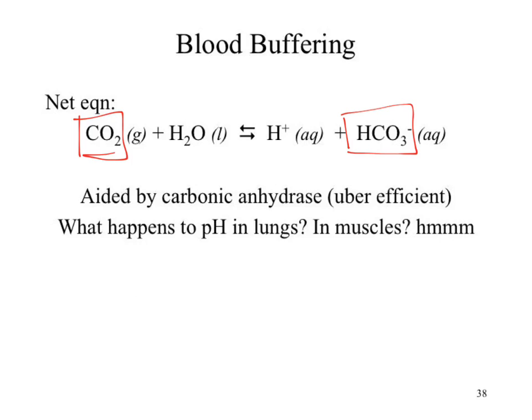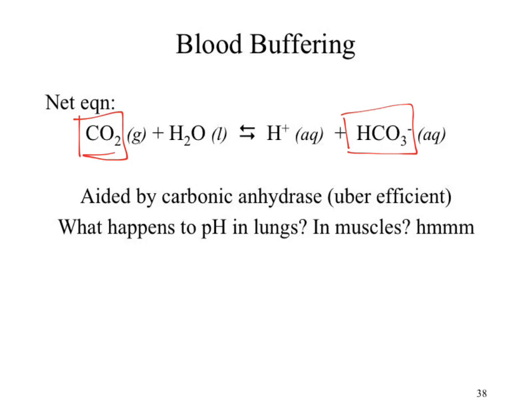We need to make CO2 so that we can level out the pH. Well, where might we want CO2 gas? In our lungs. So we might predict, based on this reaction, that the pH in our lungs is acidic. So that when our blood comes up to our lungs, it's now very acidic, and what happens? The acidity forces CO2 out of our bloodstream into the lungs, and we can then expel it.